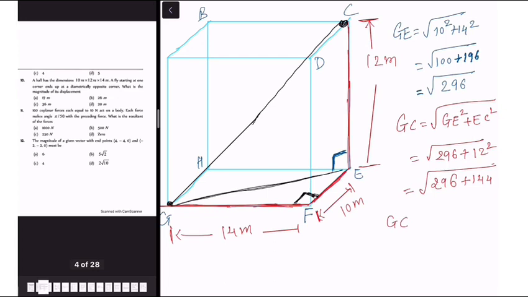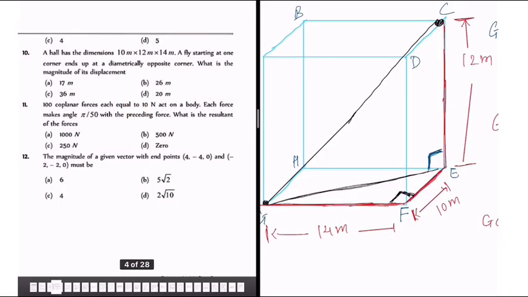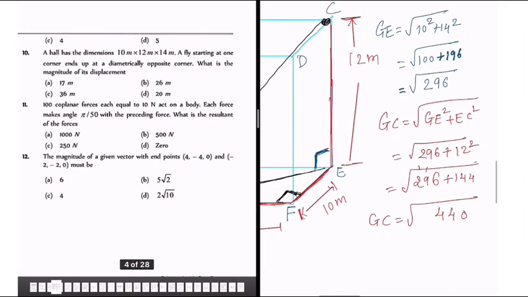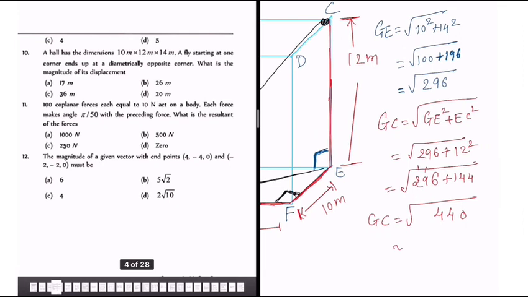So GC, the final displacement, is under root 440. If you remember that 441, the square root of 441 is 21, so your answer is close to 20 for GC.